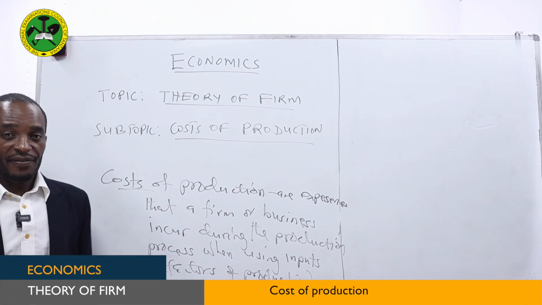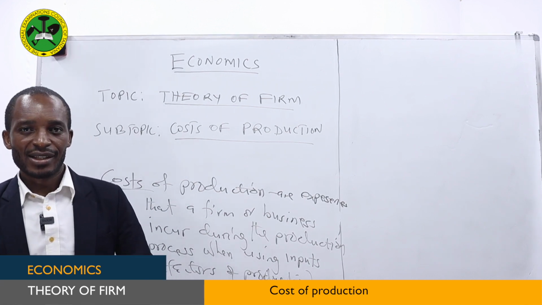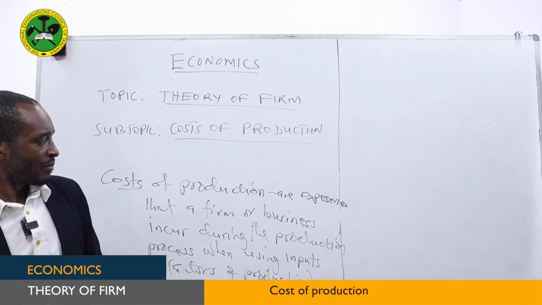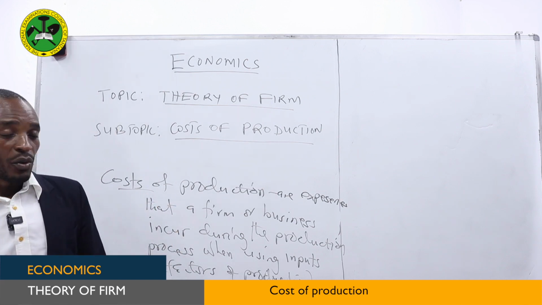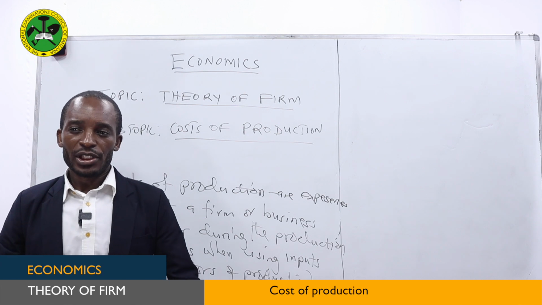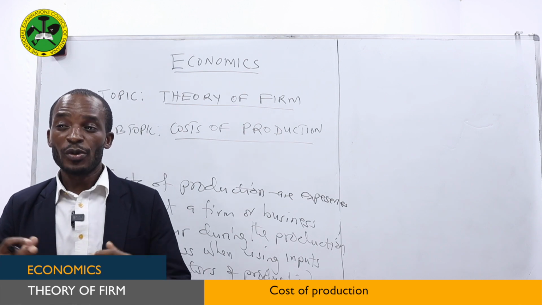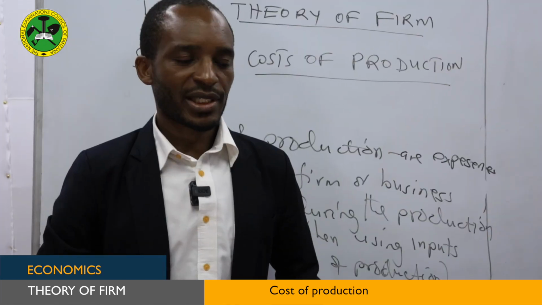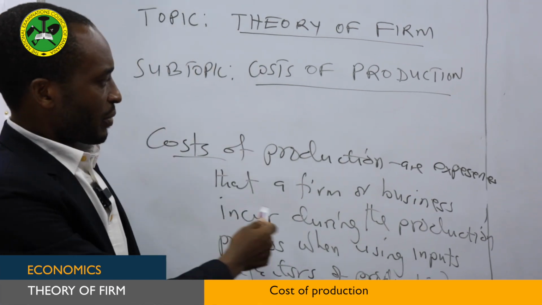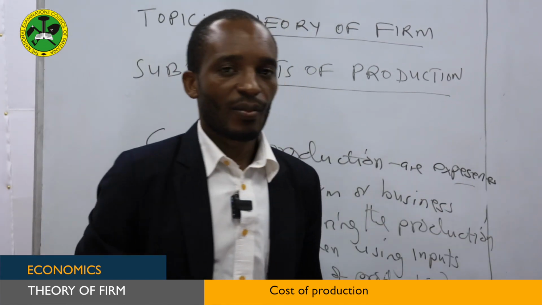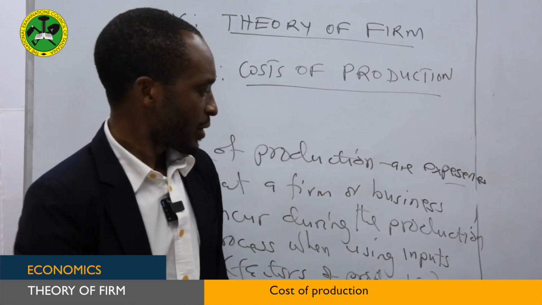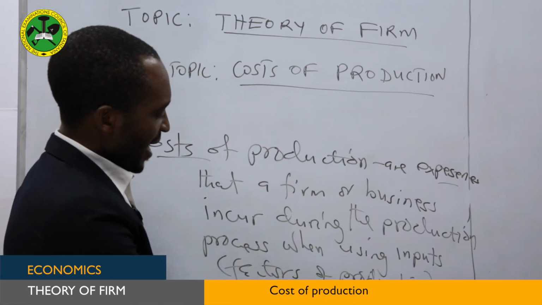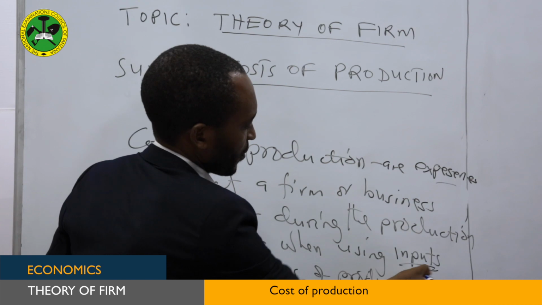So a firm or a business man or woman or a business person, when he or she is producing a commodity, will incur some costs. Those costs are expenses which we use to buy the inputs.